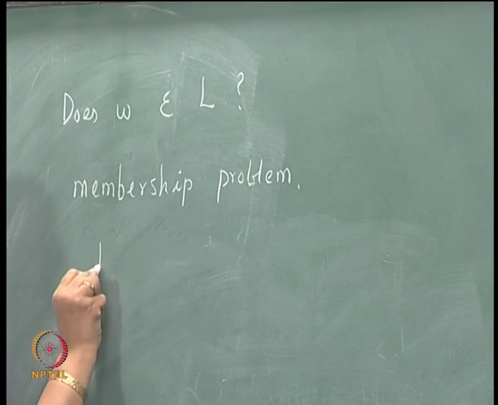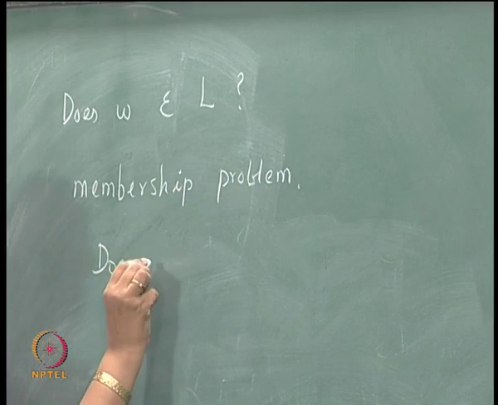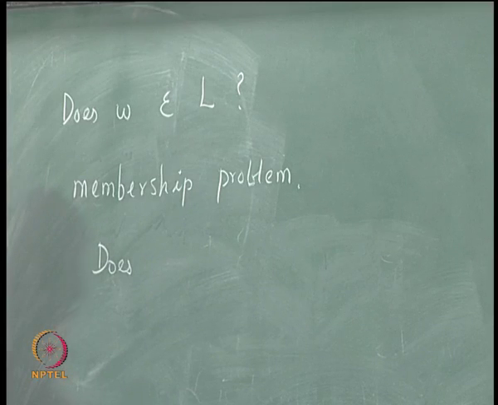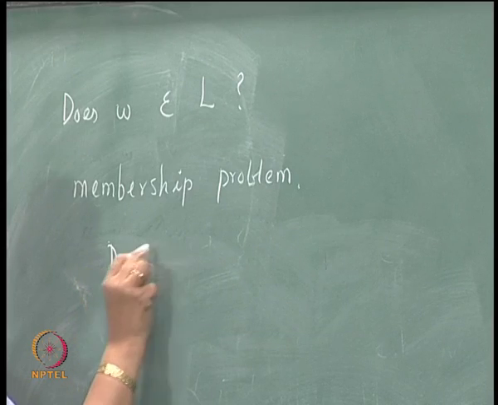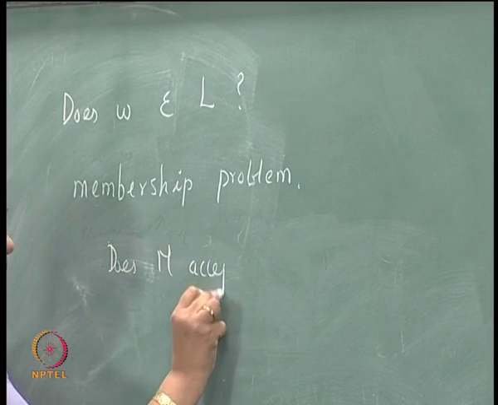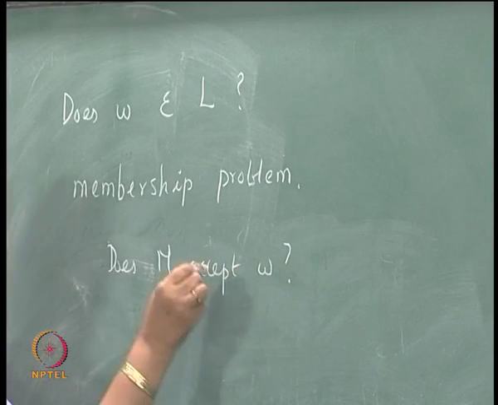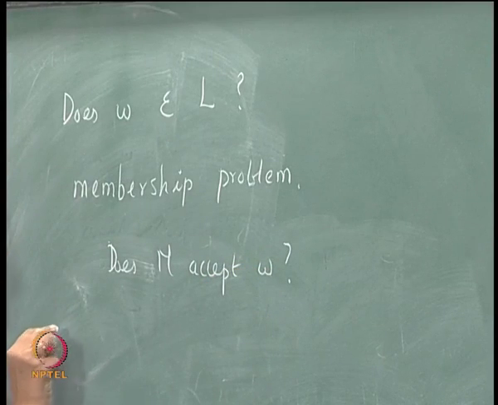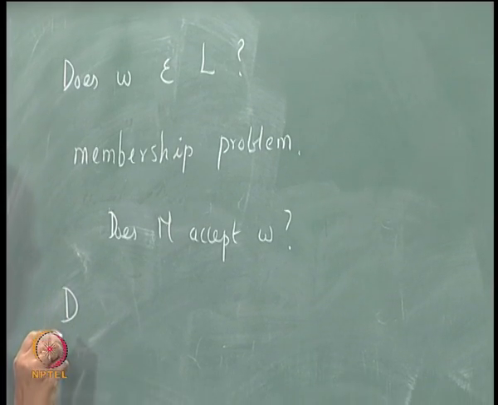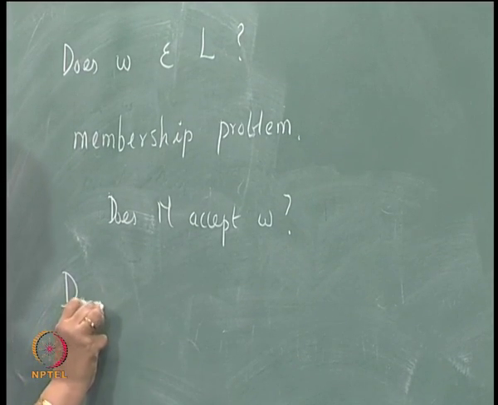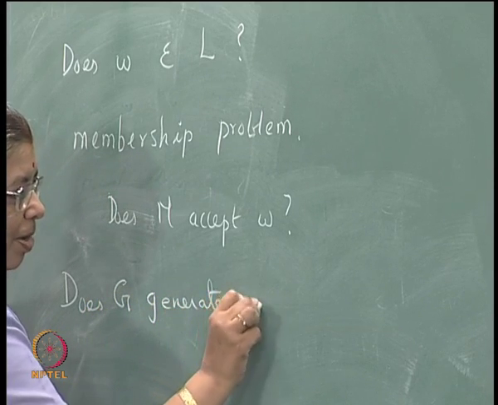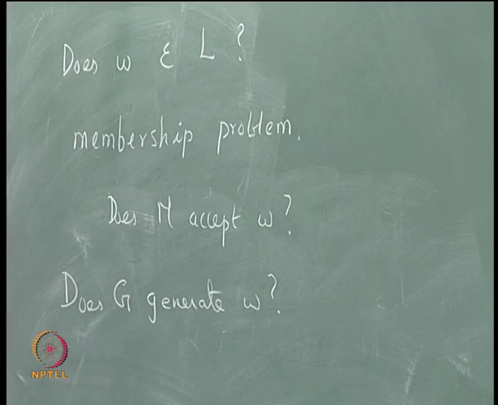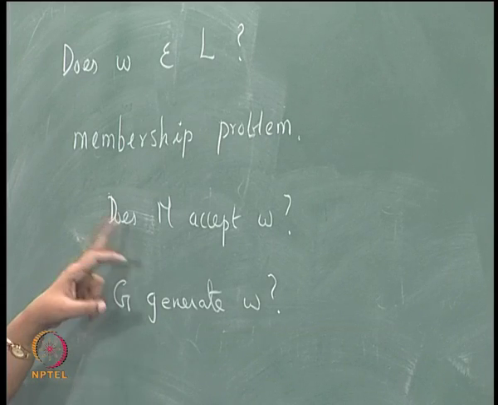Or, for a Turing machine, it corresponds to: does M accept W? As a grammar, if you take a type 0 grammar, does G generate W? If G is type 0, this is undecidable. As a Turing machine, we know that this is undecidable.